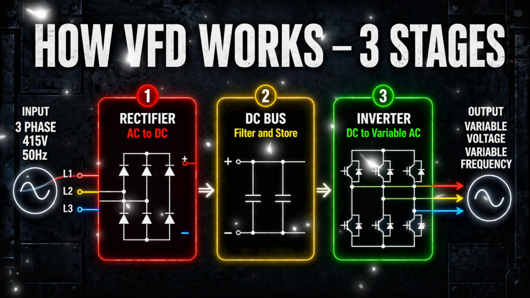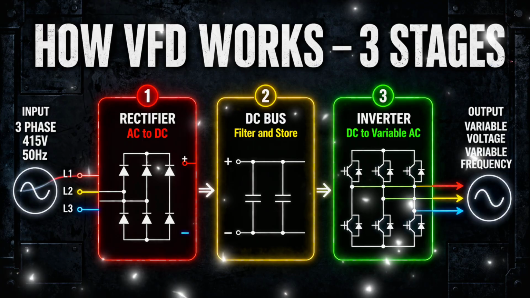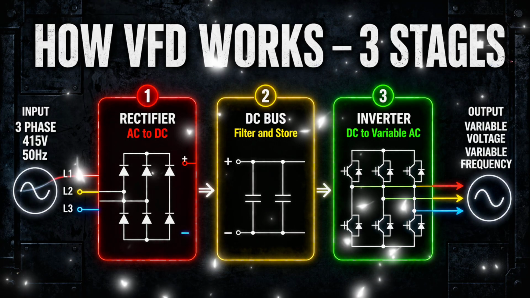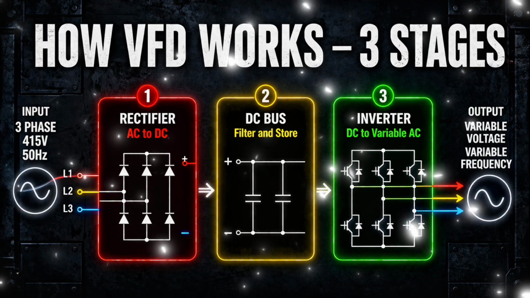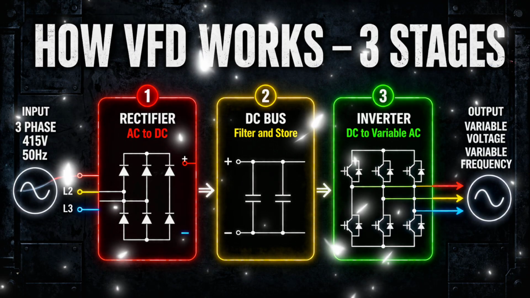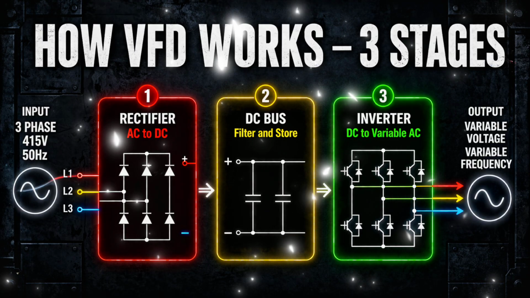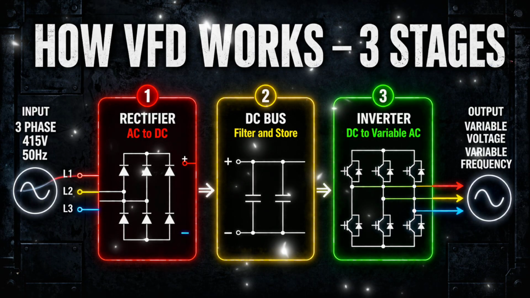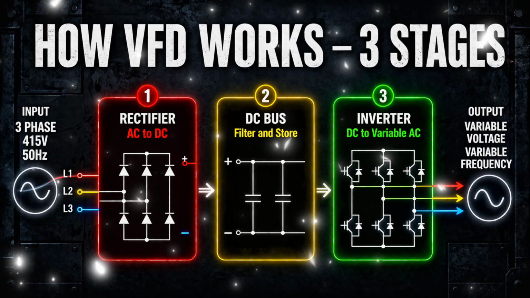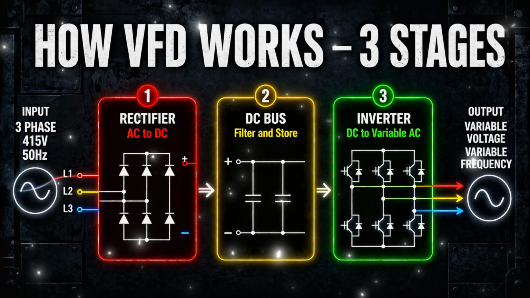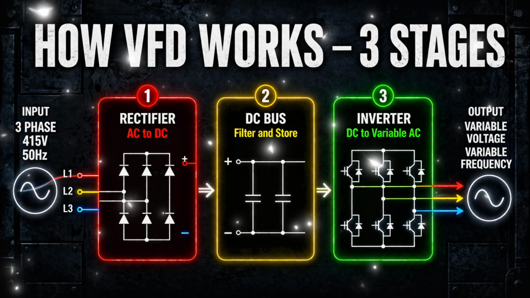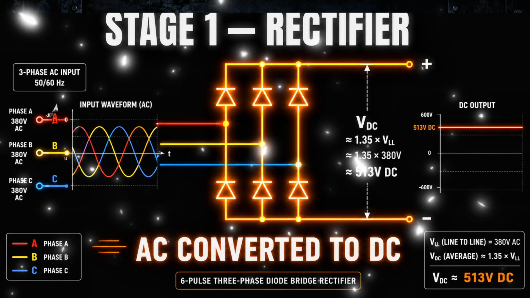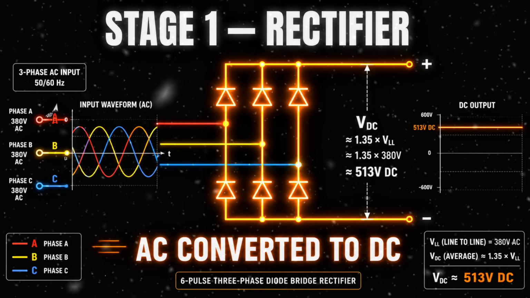The DC then enters stage 2. The DC bus filters and stores the DC voltage. The DC then enters stage 3. The inverter converts DC back to AC. But this time the output frequency and voltage can be varied from 0 to maximum. This variable output goes to the motor. And this is how speed is controlled. 3 stages. Simple concept. Very powerful result.